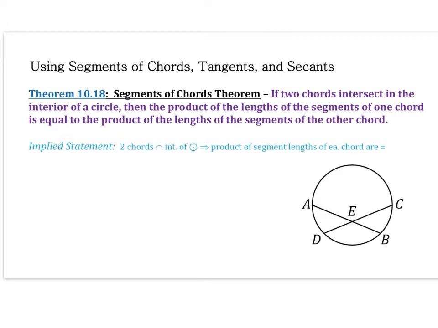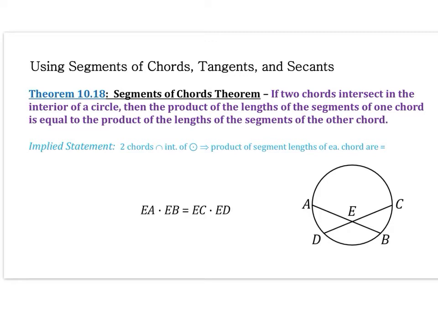Earlier in our unit, we had a situation where the chords would intersect at the center, which is a completely different situation, resulting in different relationships. Here, we just have chords somewhere in the circle intersecting each other, and the intersection is not the center.